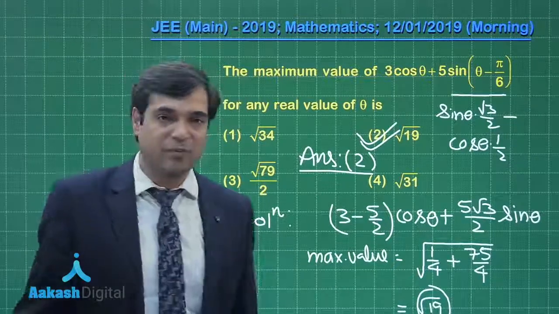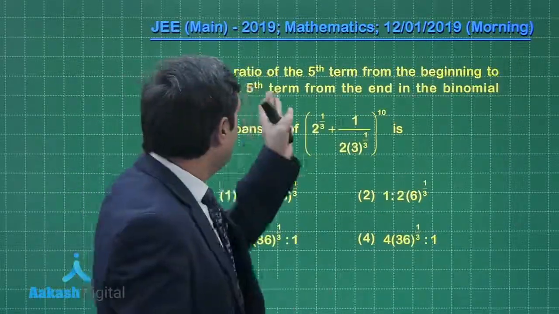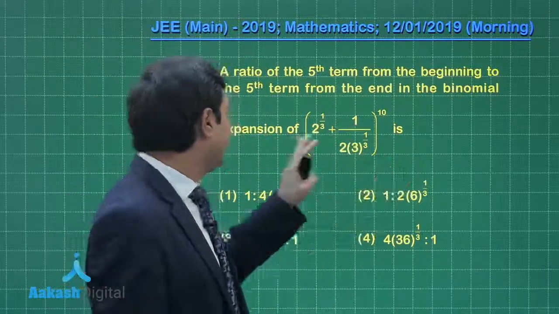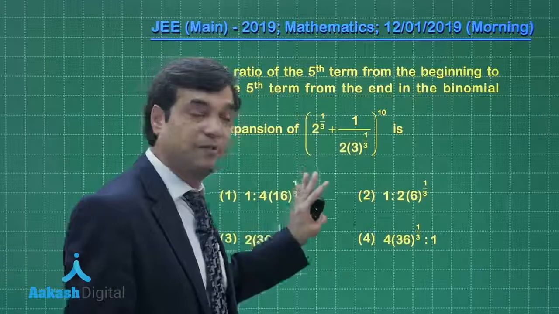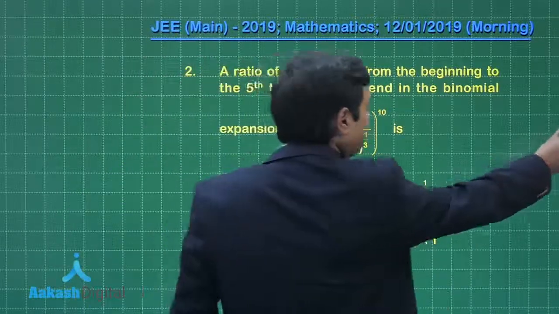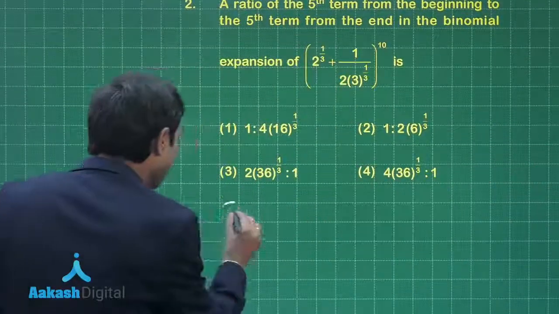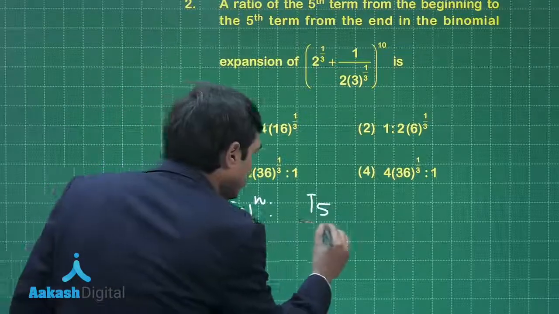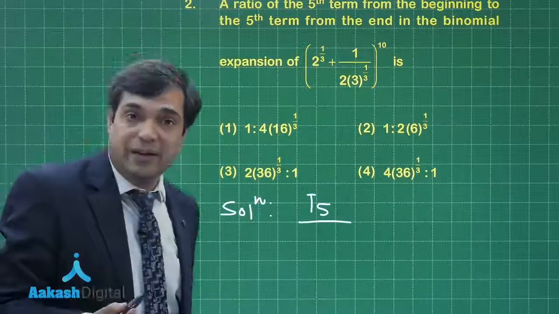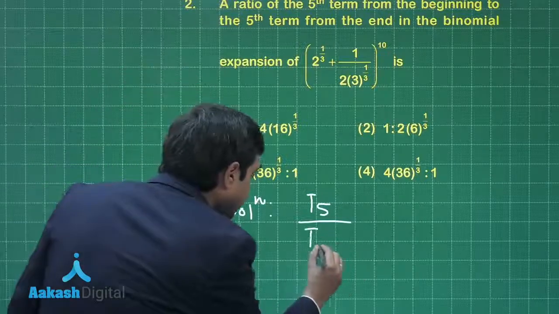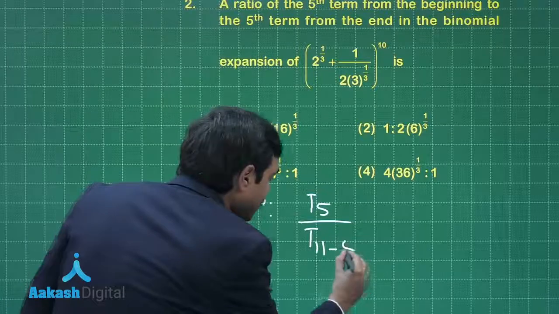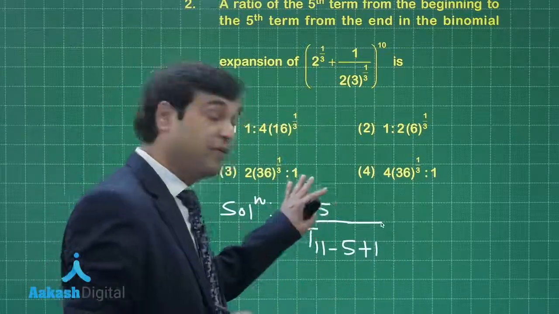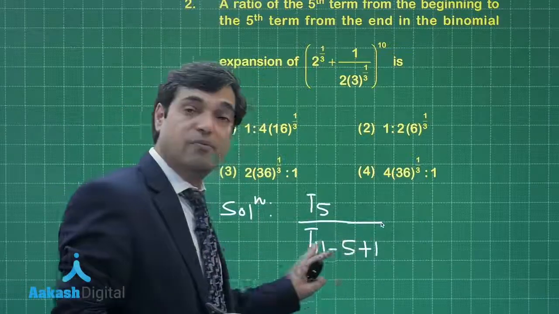Let's move on to the second question of this paper. The ratio of the fifth term from the beginning to the fifth term from the end in the binomial expansion of this one is. So let's start. We can write fifth term from the beginning to fifth term from the end, meaning T(11 minus 5 plus 1), that is T5, the fifth term from the beginning, and the fifth term from the end.